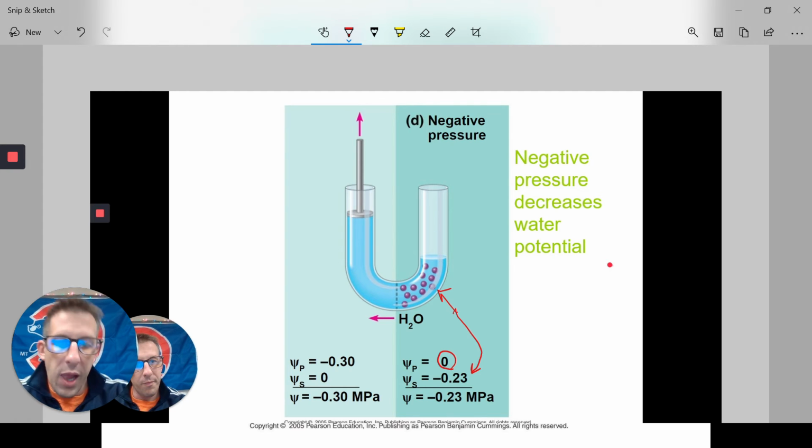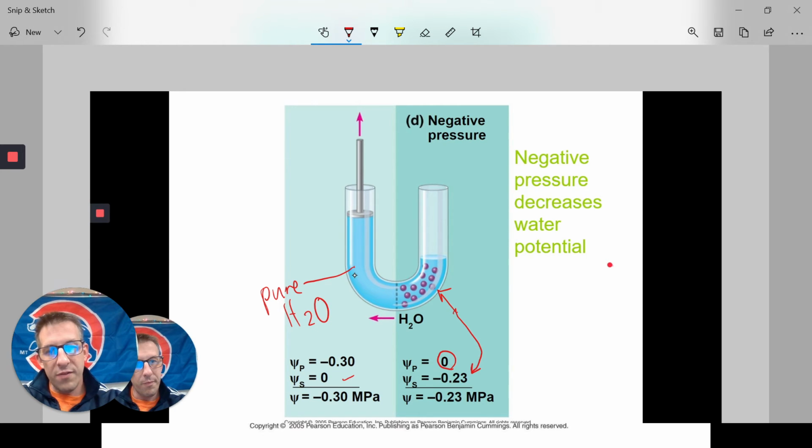Now we look at this side. We still have pure water, pure H2O, which makes our solute potential 0. It's still 0. But the thing that has changed is that we have now decreased the pressure at the top of this system by pulling up on this plunger.